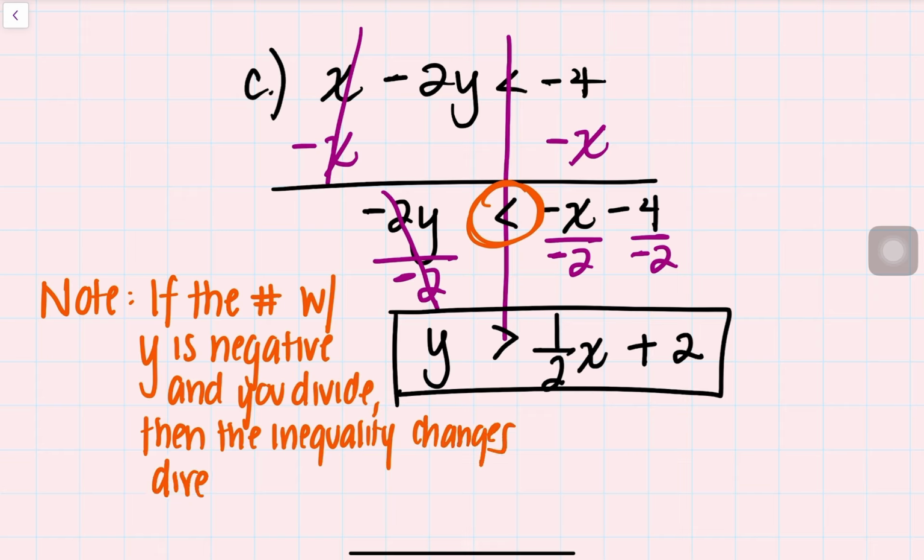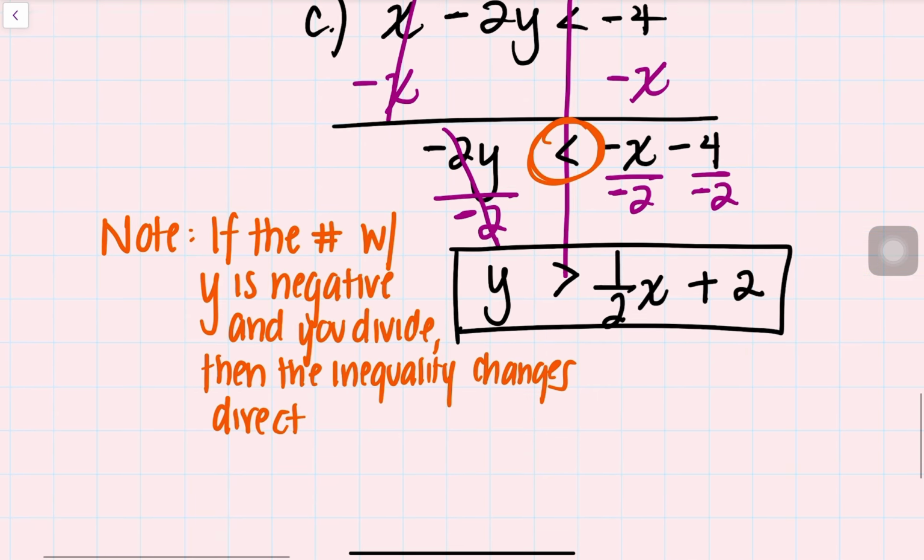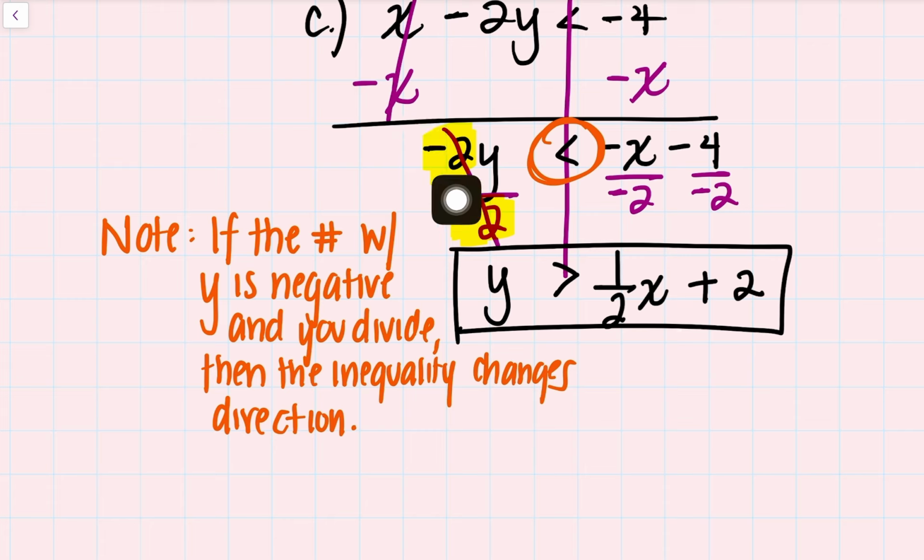I'm pretty sure there's better wording for this, guys, but I already started it. Once again, the number that carries the y, because we're solving for y, if that number is a negative, when we divide by it, our inequality is going to be changing direction just like it did here.